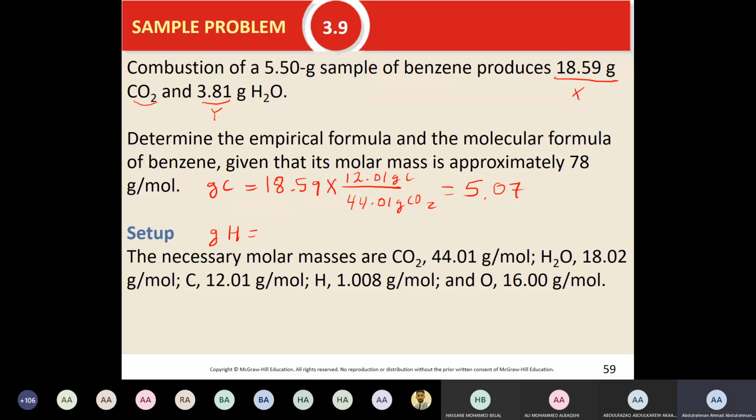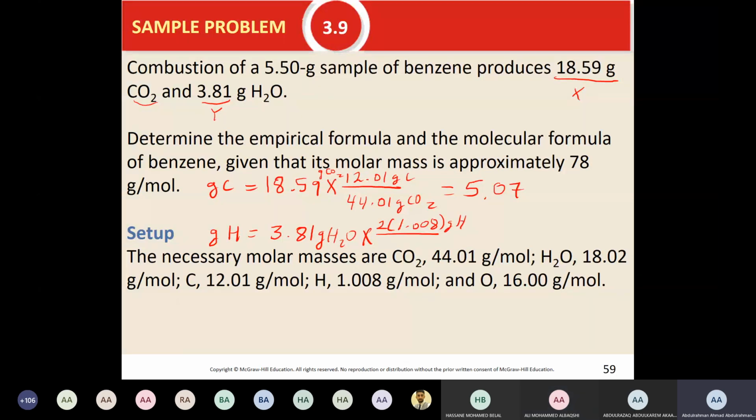I have 3.81 gram H2O. Multiply by 2 over 18. Multiply by 2 multiply by 1.008 gram hydrogen.